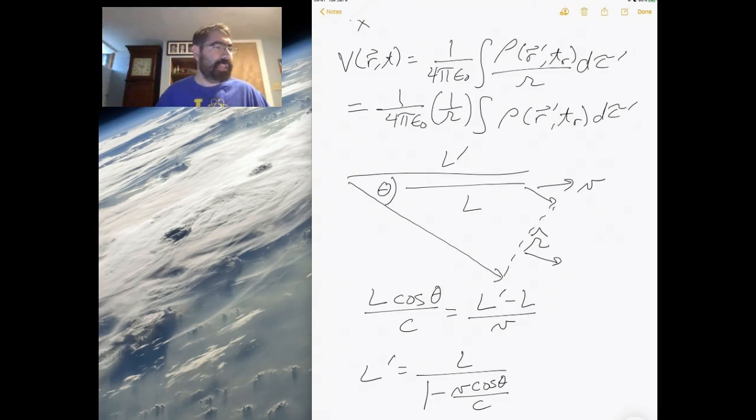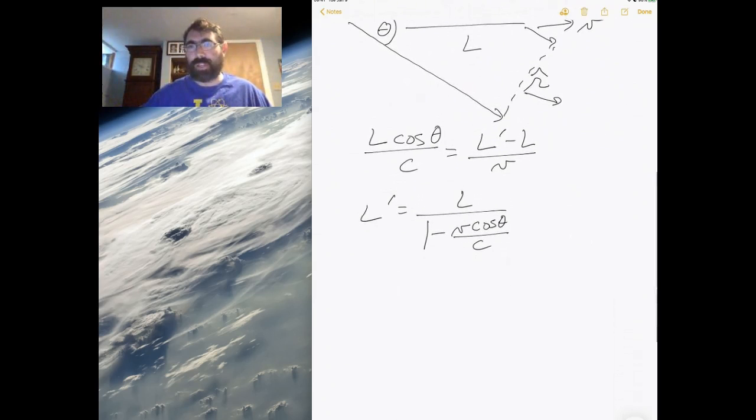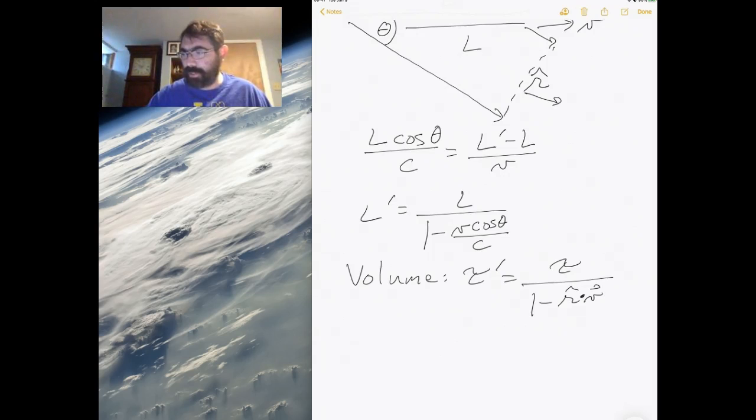Basically, this length is stretched out only in the direction of the velocity v. And so my volume becomes the original volume divided by 1 minus r hat dotted into v divided by c.